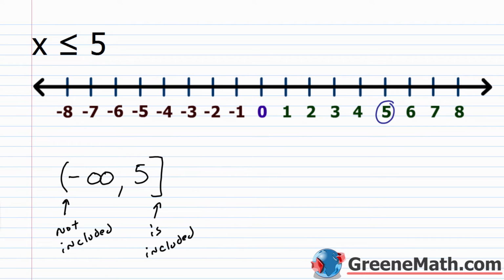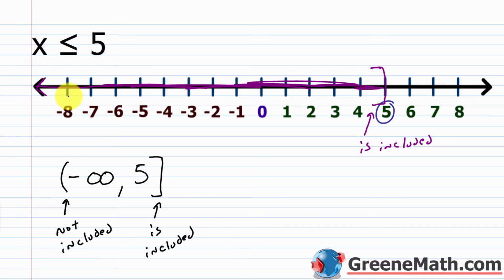And to graph this, again, very, very simple. You put a bracket at 5, and it's going to face in the direction of the solution region. So 5 is included, that's why we use the bracket. We just shade everything to the left, shade the arrow, because this continues forever and ever and ever in that direction.